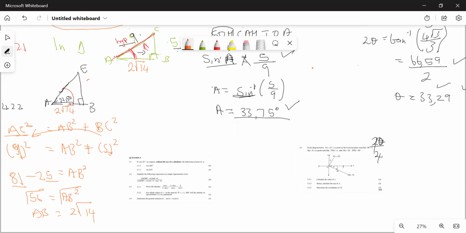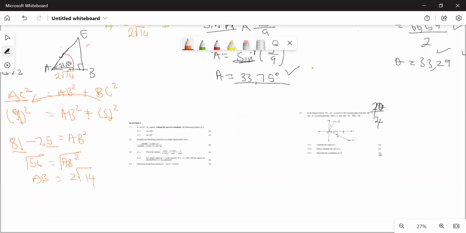How do you plan to proceed from here? We have one side. Is this side adjacent to 22,50 or opposite to it? It's adjacent.